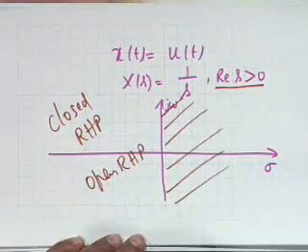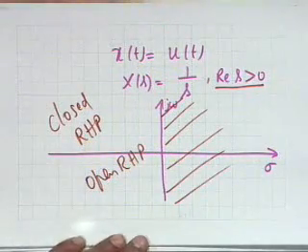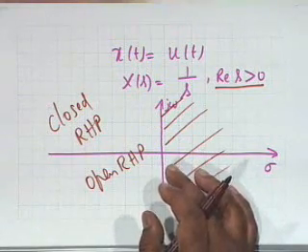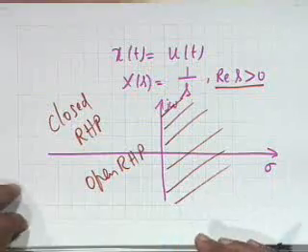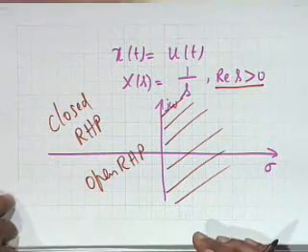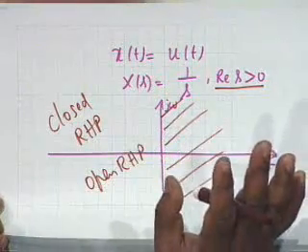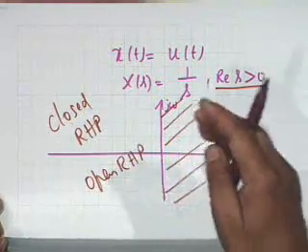Open RHP: sigma is strictly greater than 0. Similarly, open LHP: sigma shall be strictly less than 0. Is that point clear? All right. And you see, we didn't have to use any artifice of a delta function to get the Laplace transform of a unit step function.